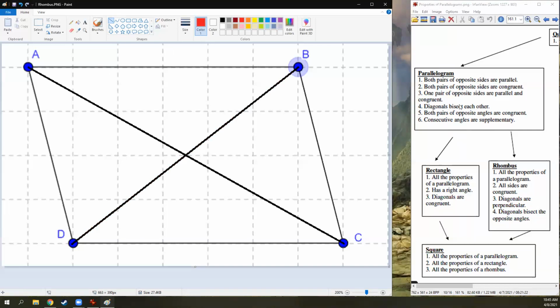Well, what does it mean to bisect something? It means to cut it in half, and those halves are equal. So when you bisect something, you cut it in equal halves. So AC, this whole line going from A, trace it all the way down to C, is being cut in half by this line, cut in equal halves.